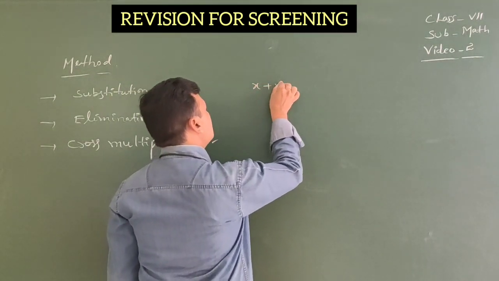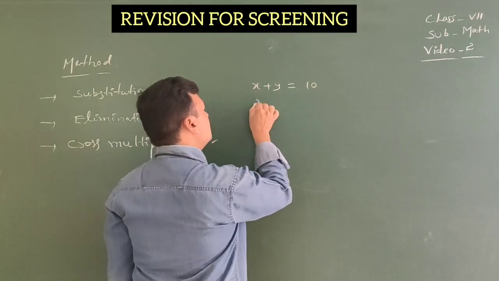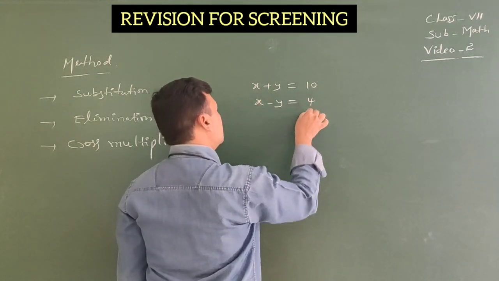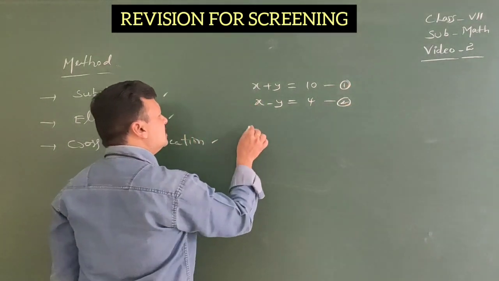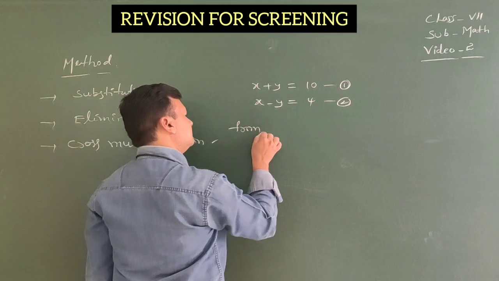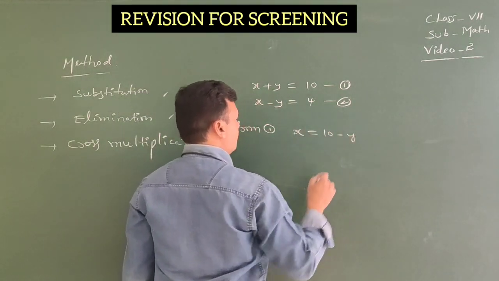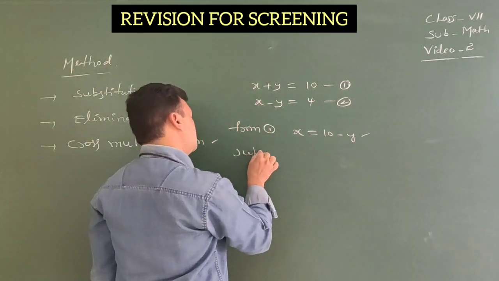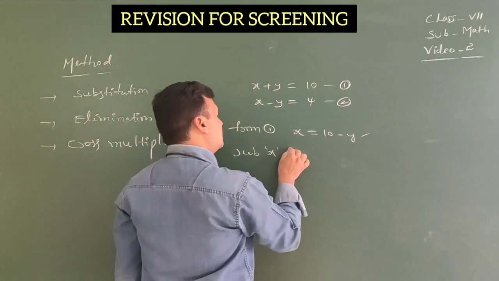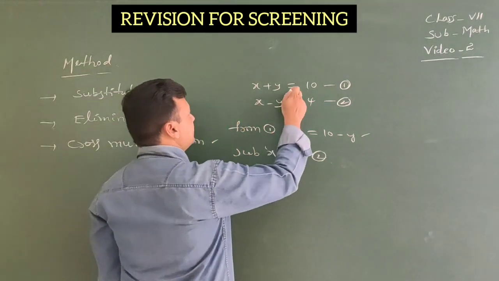Here x plus y equal to 10, x minus y equal to 4 are given. From the first equation, x equal to 10 minus y. Now substitute x in the second equation, because we converted the first equation.